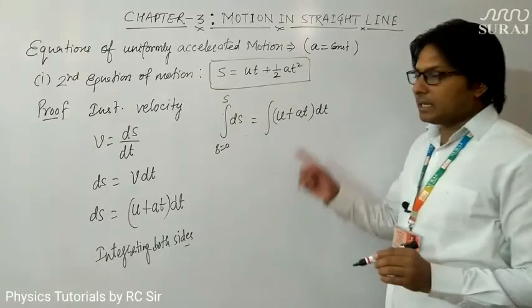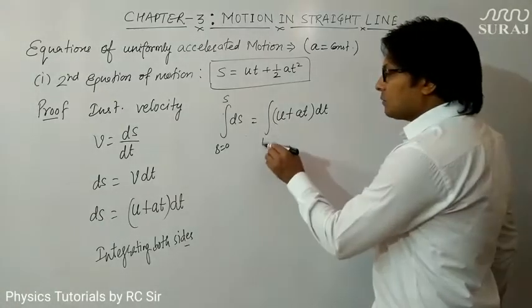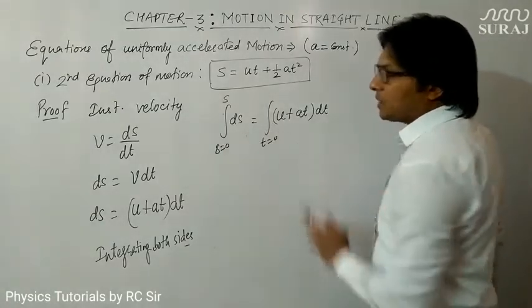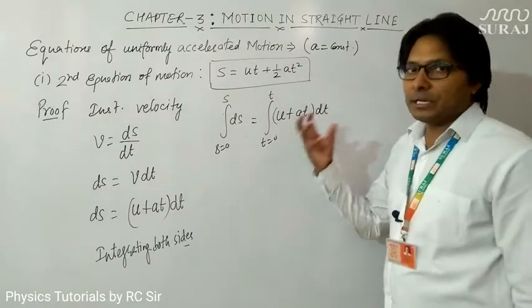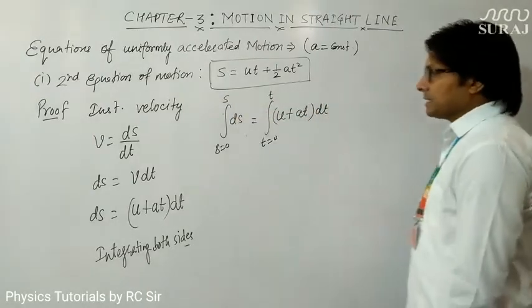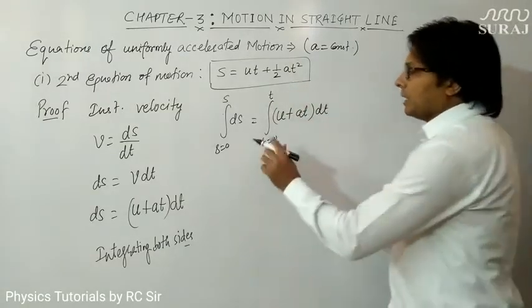Here the variable is time, therefore we put the lower limit t equal to 0, at which displacement is 0 as we assumed, and after t seconds the particle is displaced by s. This is how we put the limits here.